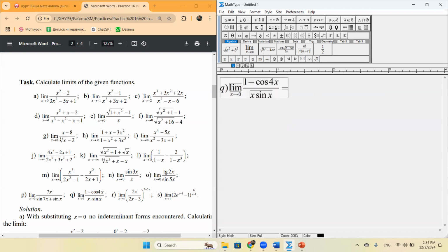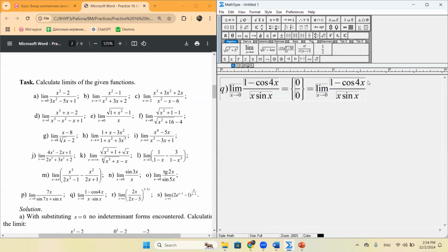In this case it will also be a good idea to use equivalent infinitesimal functions. But first of all, let's transform these functions. Let's transform the numerator just to understand what else we are going to do.